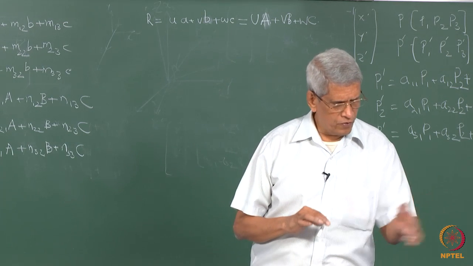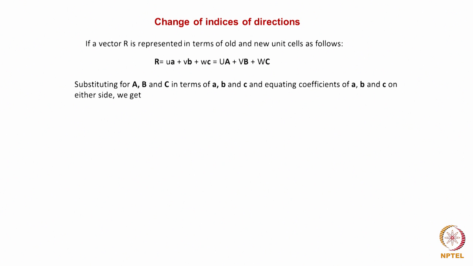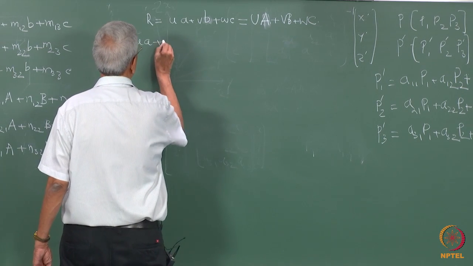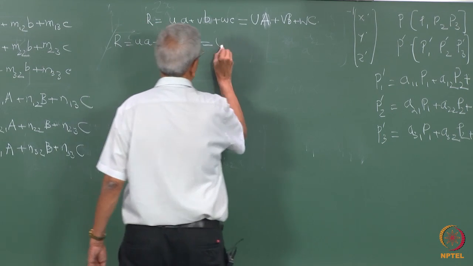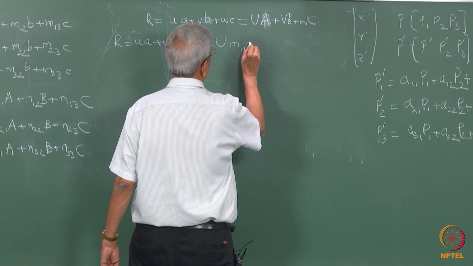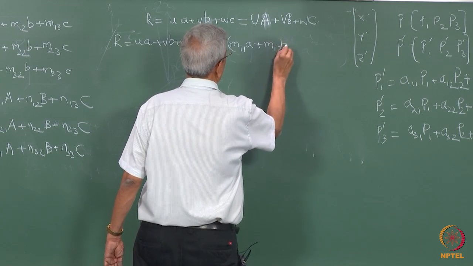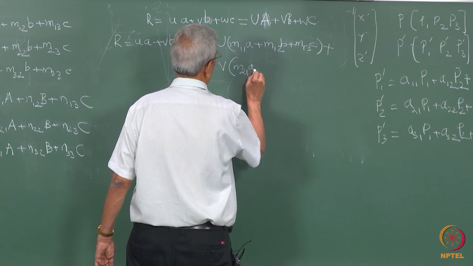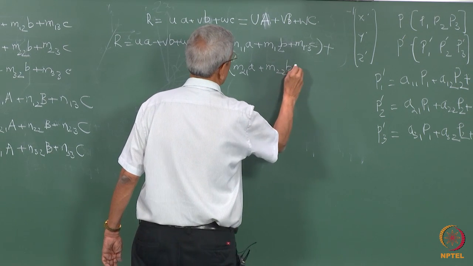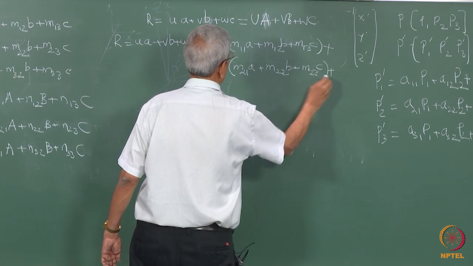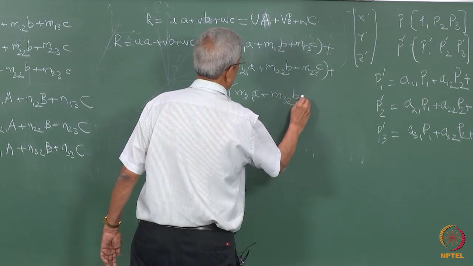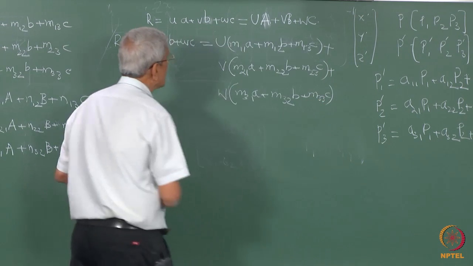Now, if we substitute for A, B, C in terms of the old coordinate system, then what will happen is the following.